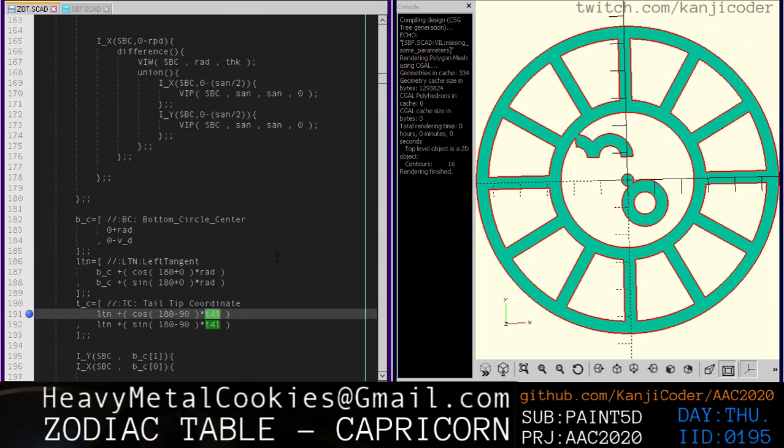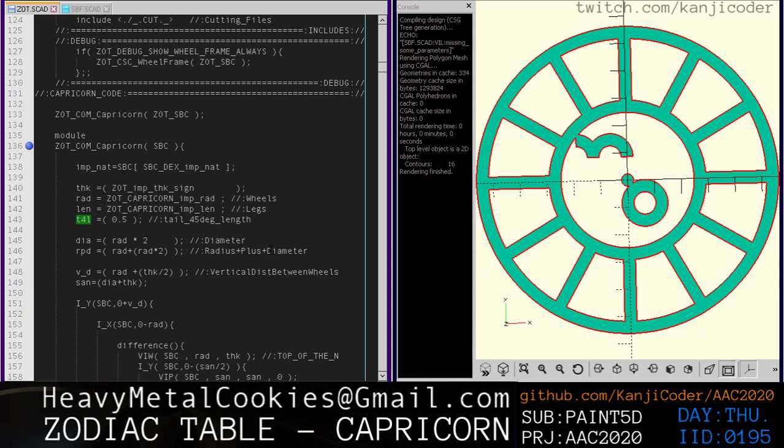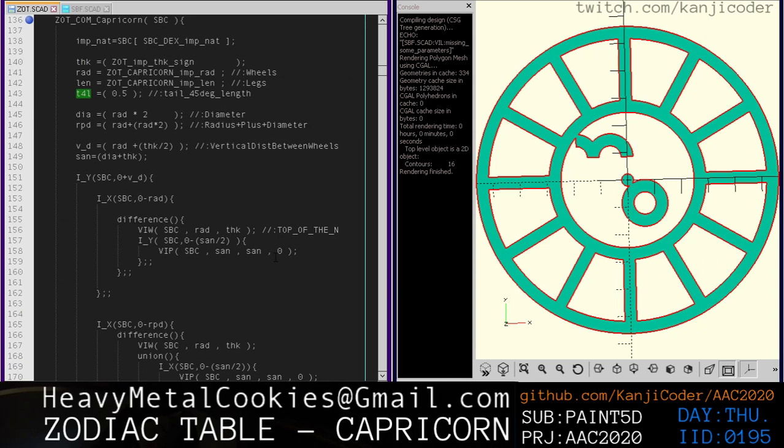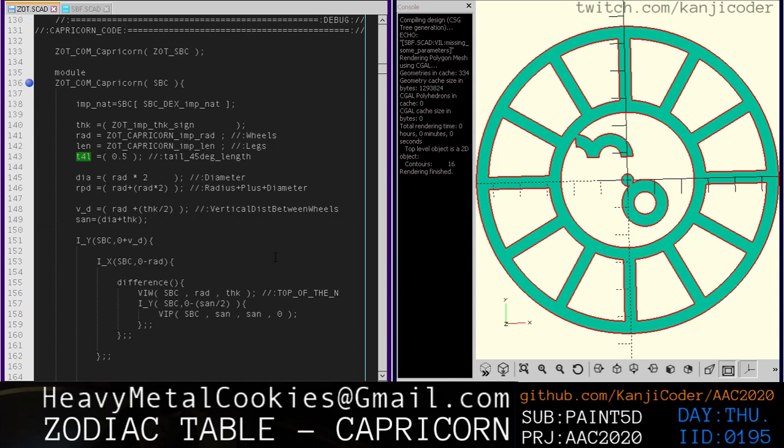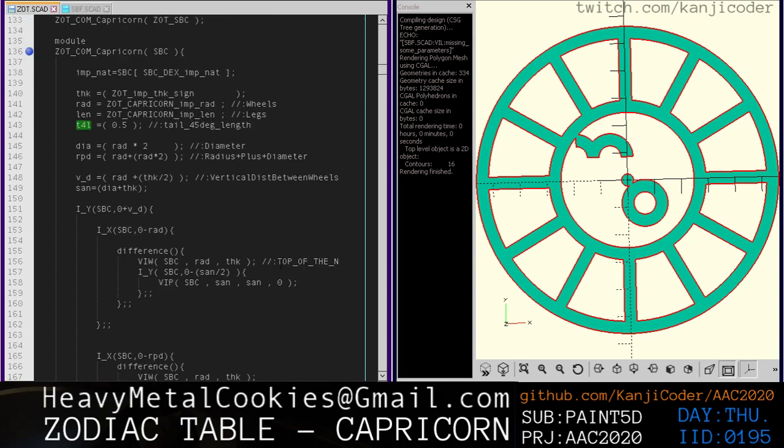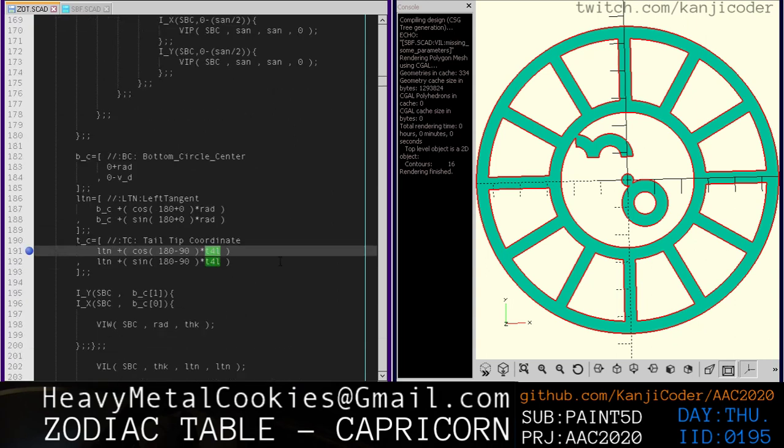So what is this T4L? Did we screw this up? 0.5. That's a length variable.